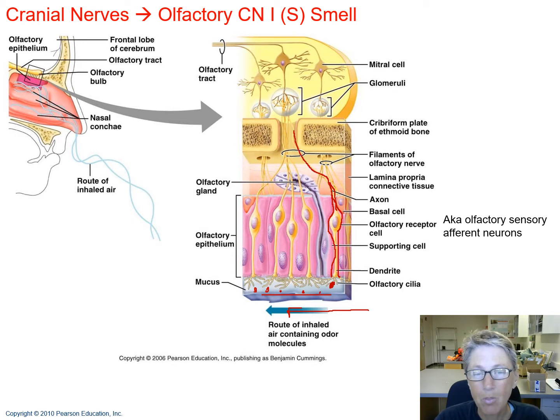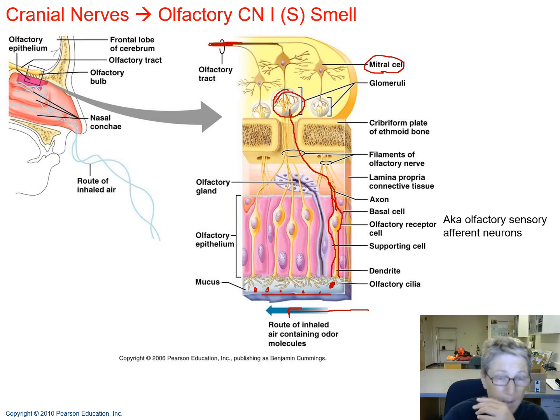It will go here through a hole in the cribriform plate of the ethmoid bone, and then you can see that it comes up here, and that the axon of the sensory afferent neuron will synapse with this other cell called a mitral cell. So you get a synapse here. There's neurotransmitter release, and the structure where they synapse is called a glomeruli. And then that mitral cell will send an action potential along this thing called the olfactory tract.